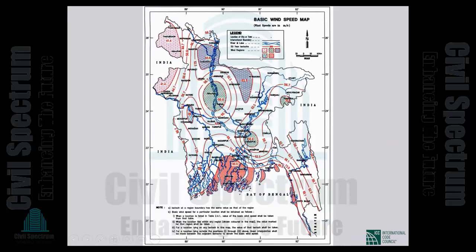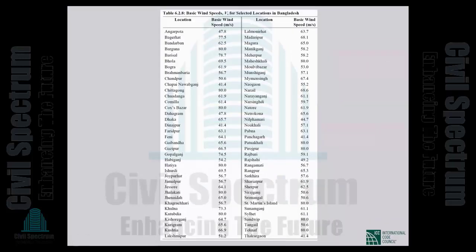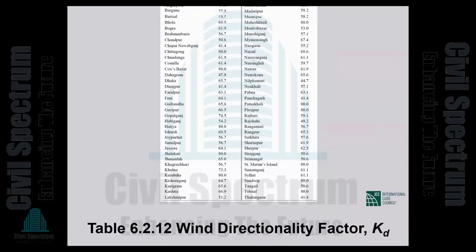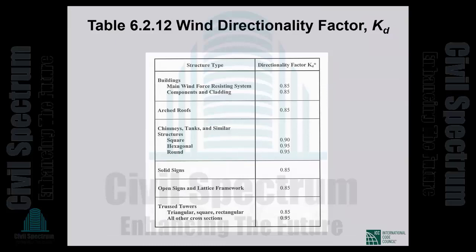So this map tells you that you use tabulated values. If you don't have tabulated values, if you're in one of those zones, you use the value for the zone. If you are outside of the zones, then you interpolate between contours, unless you sit on a contour, in which case the value of the contour is your wind speed value. So V is made very easy to figure out, the wind velocity.